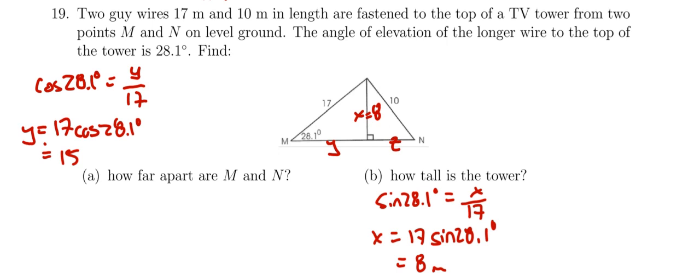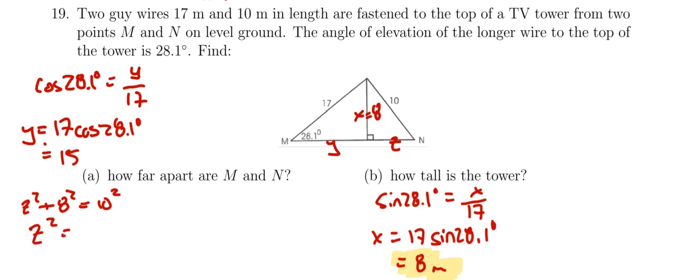Now I'm going to use the Pythagorean theorem to get side z, because I know that z squared plus 8 squared is going to equal 10 squared. That's the right-hand triangle here, using the height that I determined a moment ago.